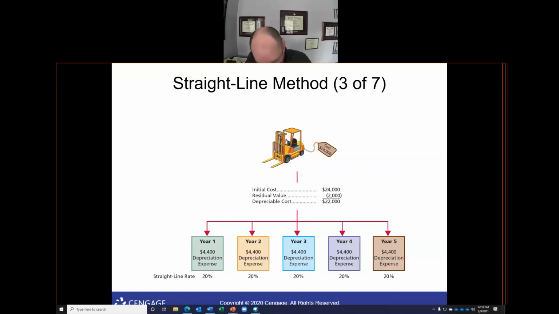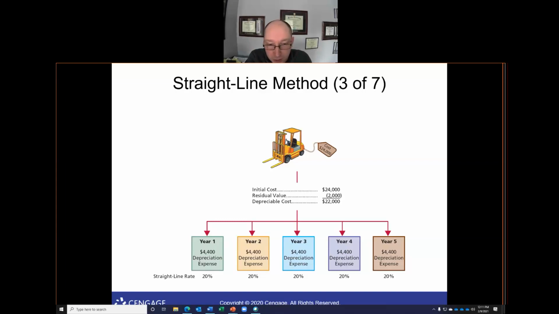Well, you take your 4,400 that you got from our earlier calculation for straight line, and you simply divide that by the depreciable cost, 22,000. 4,400 divided by 22,000 equals 20%.